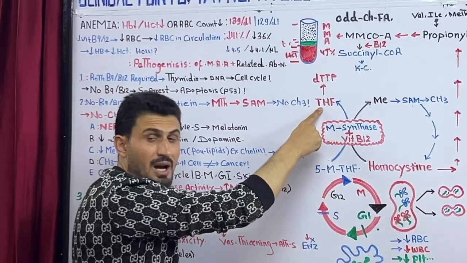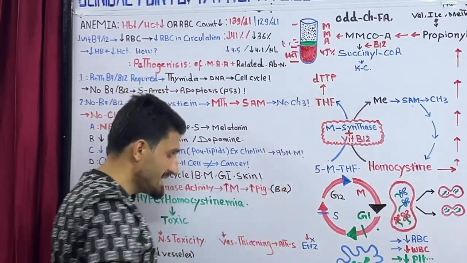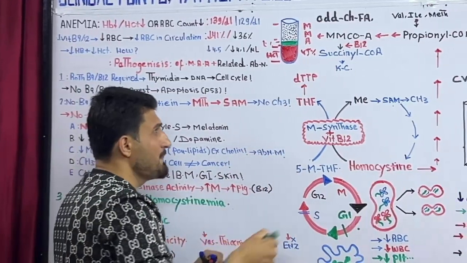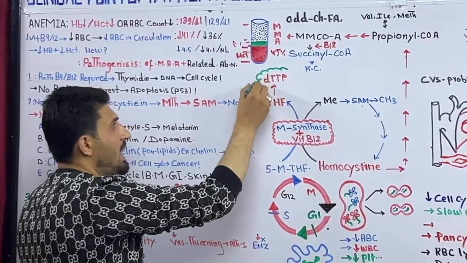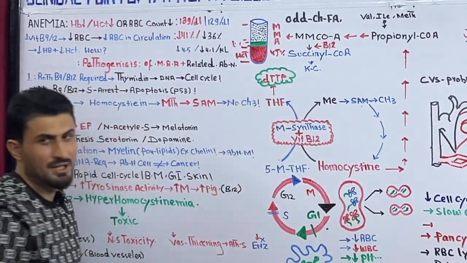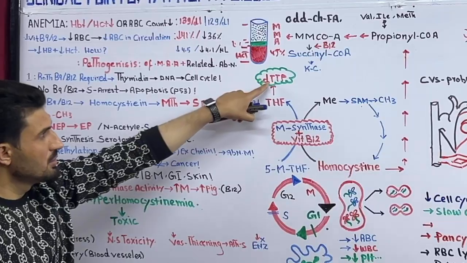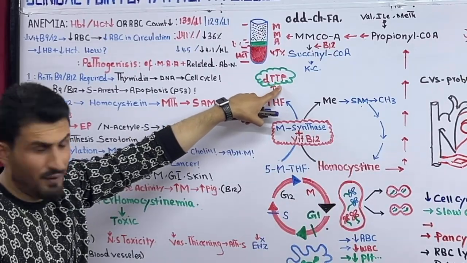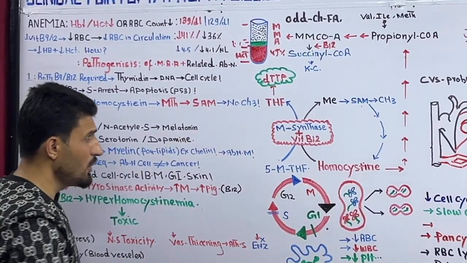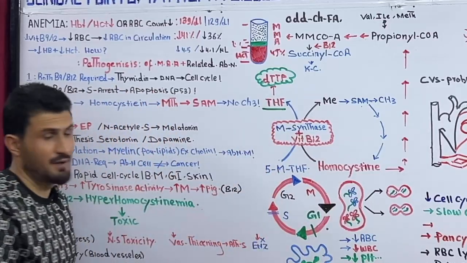And this tetrahydrofolate is very important for us to make a type of nucleotide called thymidine or deoxythymidine triphosphate.